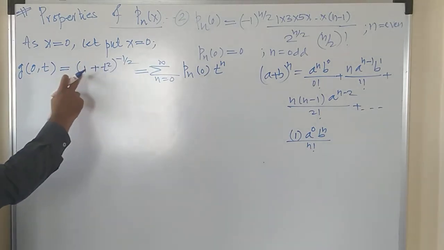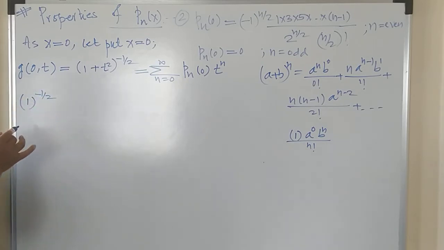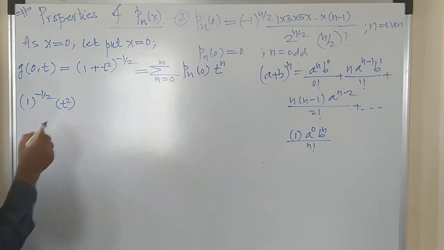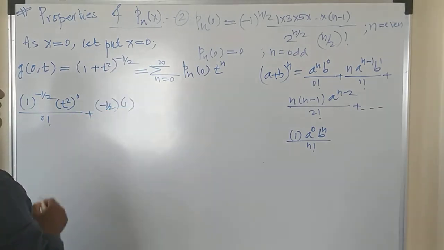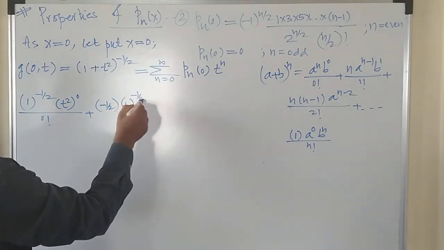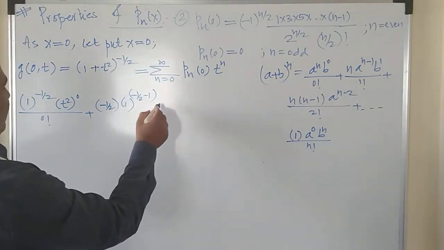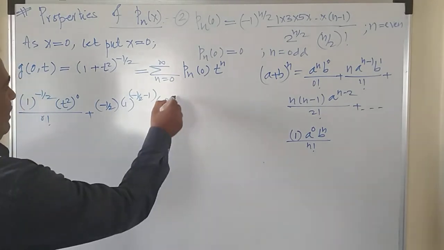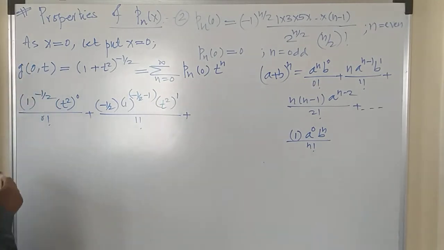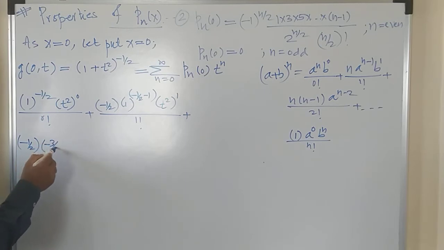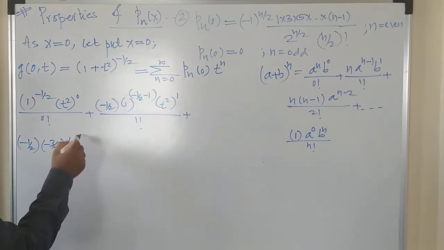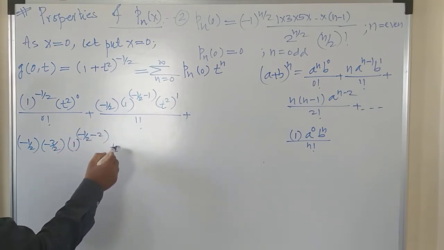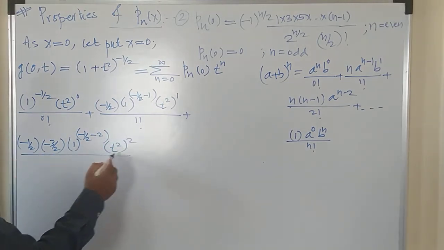So a raised to power n, a is 1, so 1 raised to power n, where n is minus half, b is t square, b raised to power 0 upon 0 factorial, plus n is minus half, a raised to power n minus 1, n minus 1 is minus half minus 1; let me write as it is, and later on we will simplify this, and b raised to power 1 upon 1 factorial, plus the next term is n into n minus 1, n is minus half, n minus 1 is minus half minus 1, which is minus 3 by 2, a raised to power n minus 2, that means 1 raised to power minus half minus 2, into t square raised to power 2 upon 2 factorial.